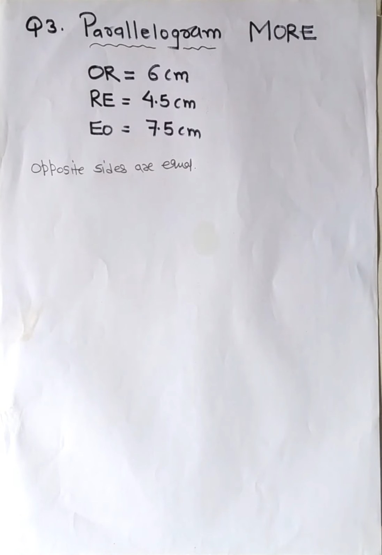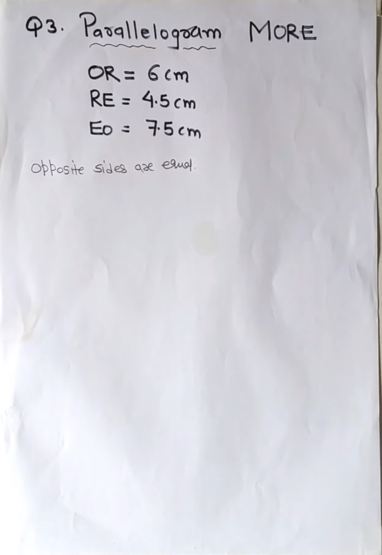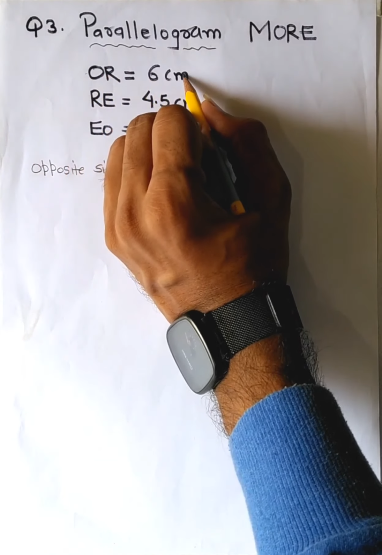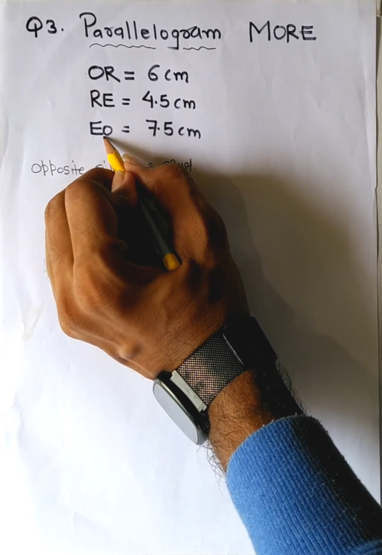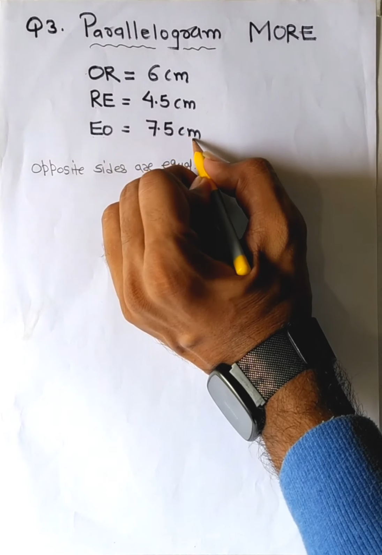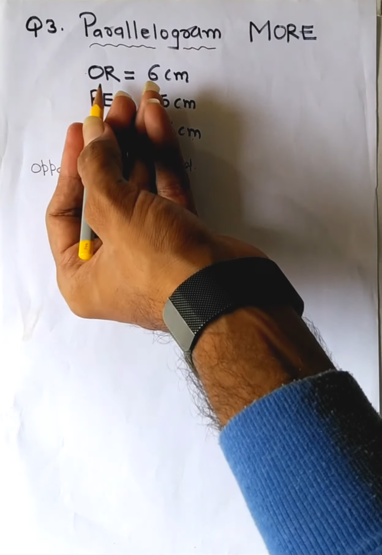If we know one side, then the opposite side will be the same measure. Now starting with the information, OR is given 6 centimeter, RE is given 4.5 centimeter, EO is given 7.5 centimeter. Clear?